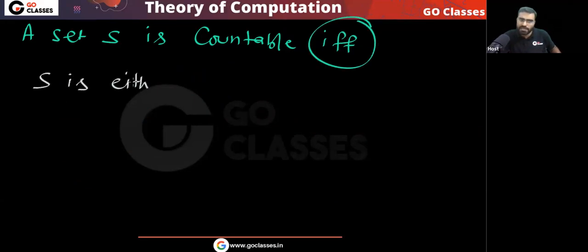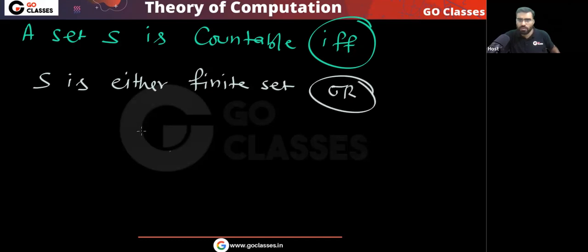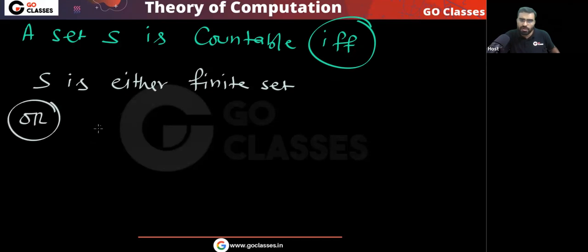Did you understand the definition? Please tell me. The definition of countable set is very simple. When can I say a set S is countable? If and only if S is either a finite set, or the cardinality of S is the same as the cardinality of the set of natural numbers.